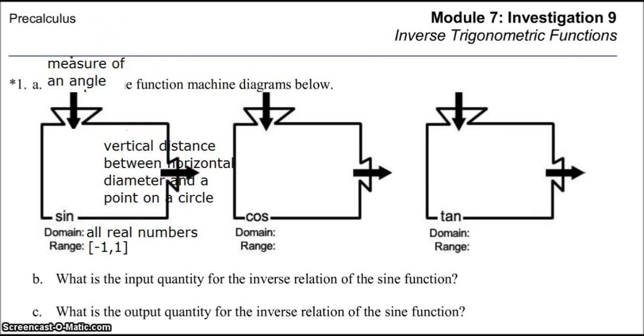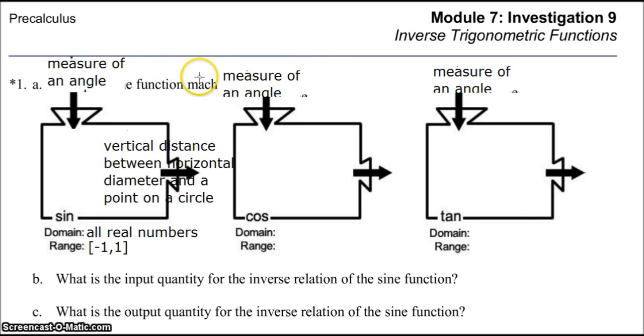These are the same. Let's see. For each of these, we're inputting an angle measure. For this one, for the cosine function, and for the tangent function. Yep, this is getting pretty messy.